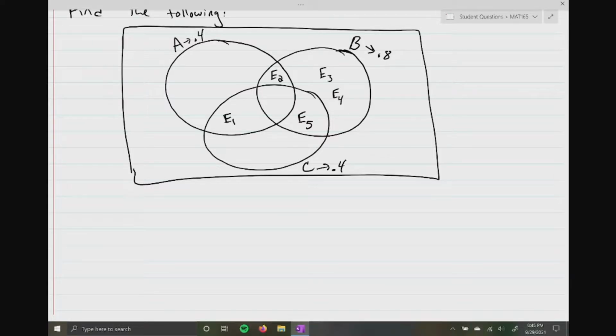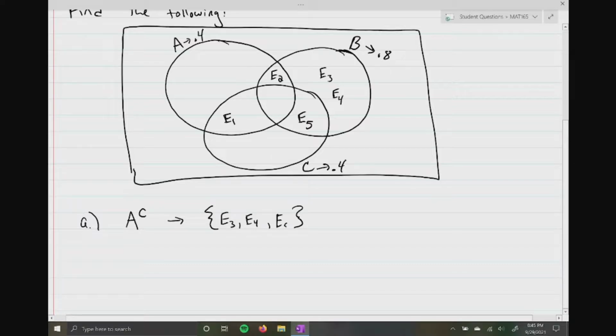So part A, the first thing they're asking for is the complement of A. The complement of A is all the events that are not in A. So in this case, it's going to be E3, E4, and E5. All right? Now they're asking us to find the probability of the complement.